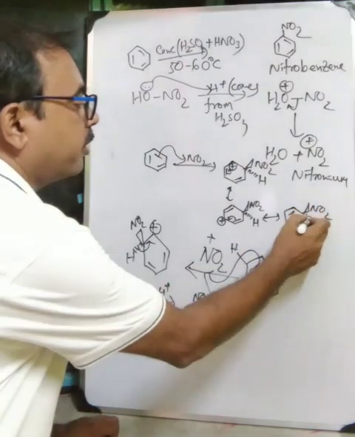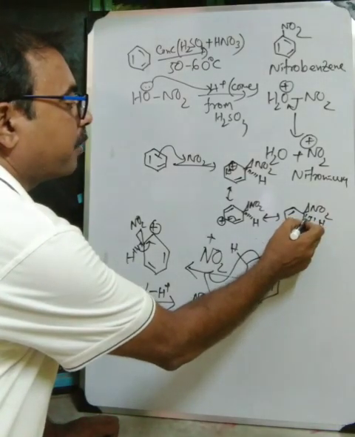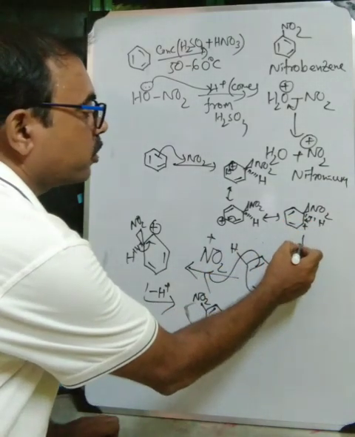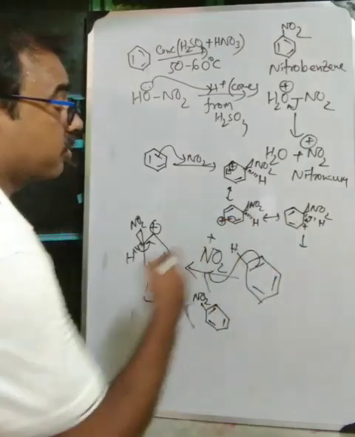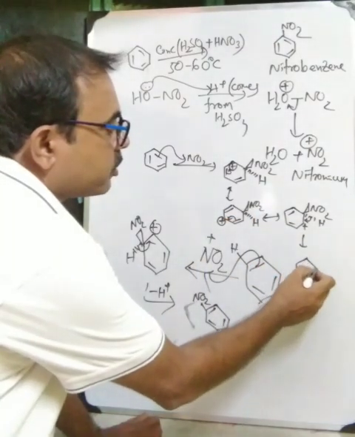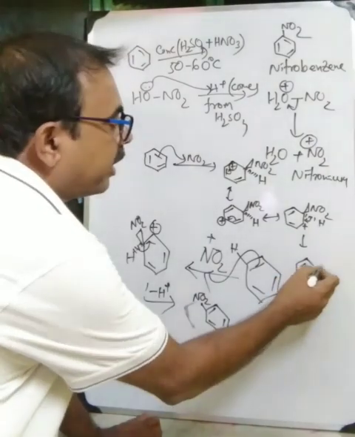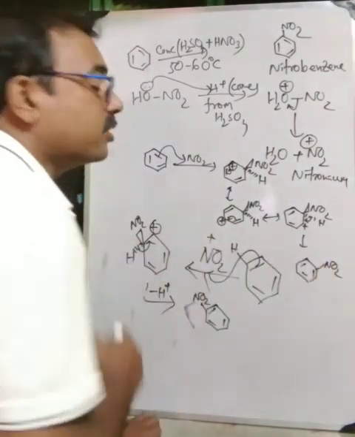NO2, hydrogen, then hydrogen may give up its bond pair of electrons to this carbon to neutralize the carbocation, to neutralize this positive charge, and as a result a double bond is formed, and now NO2 is present instead of hydrogen.